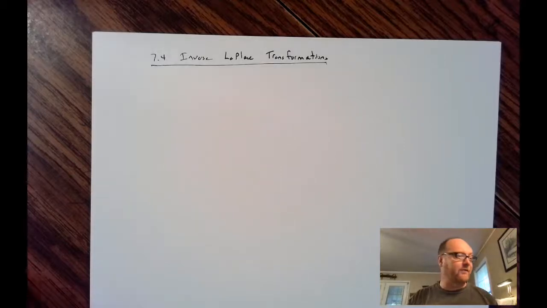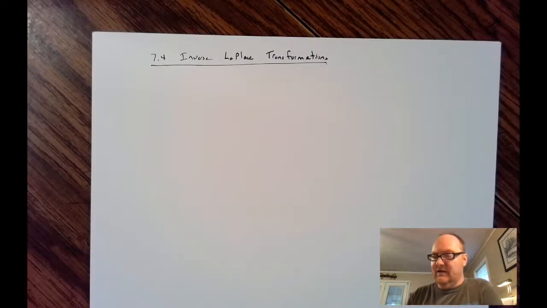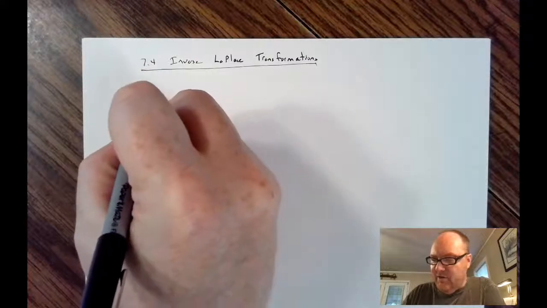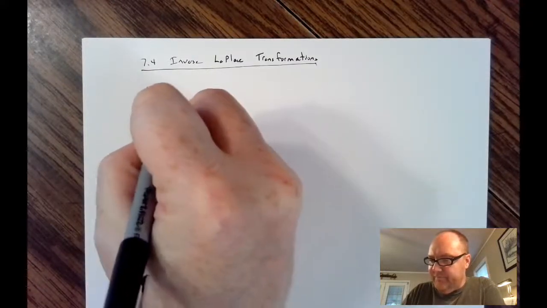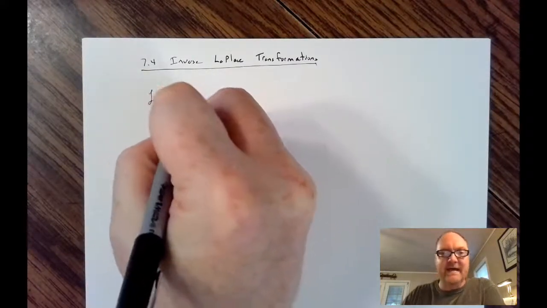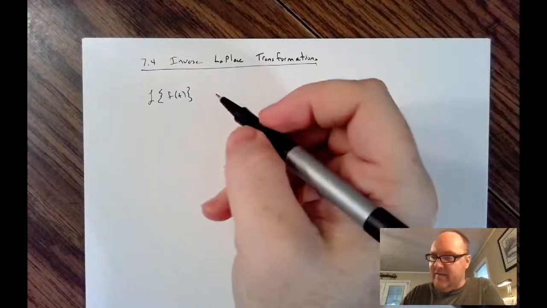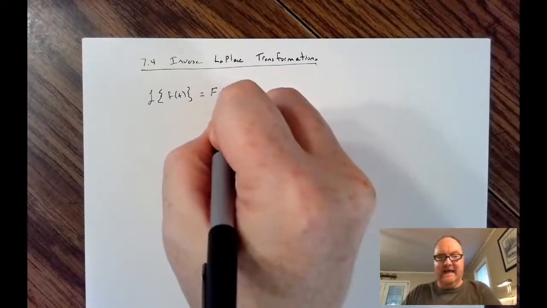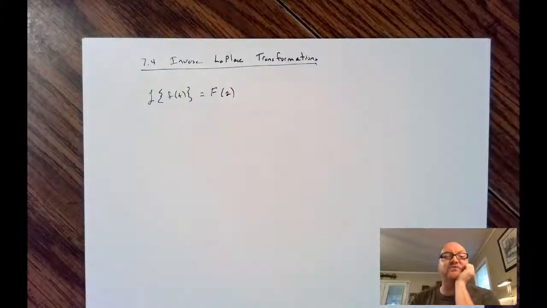And I told you on the first day that it was an algebraic approach rather than a calculus approach, so that's nice as well. So just a couple of things about notation. Given a function of t, that's what we've had, that provided for us a function of s when I applied the Laplace transformation.